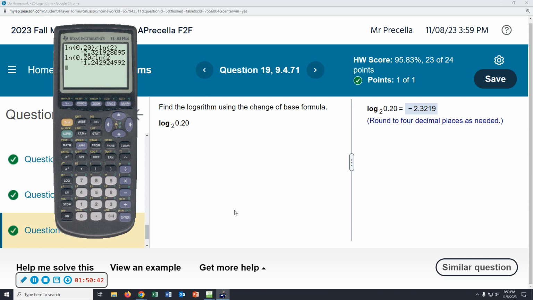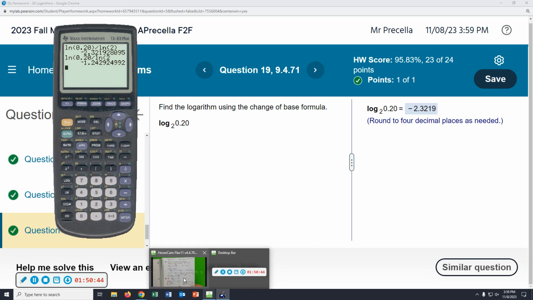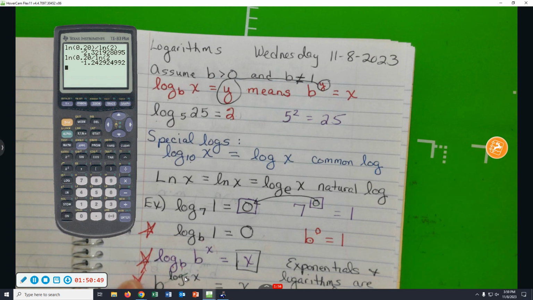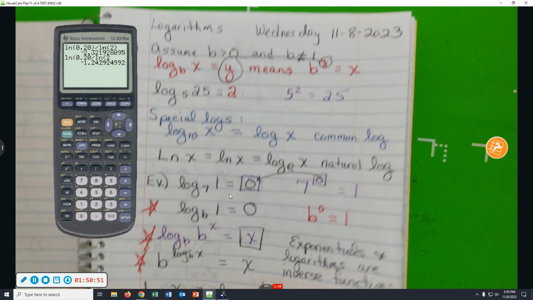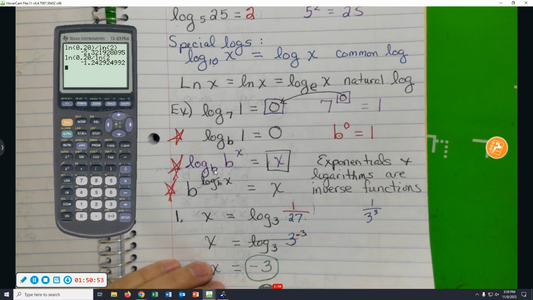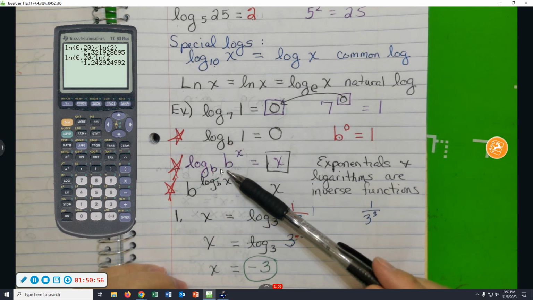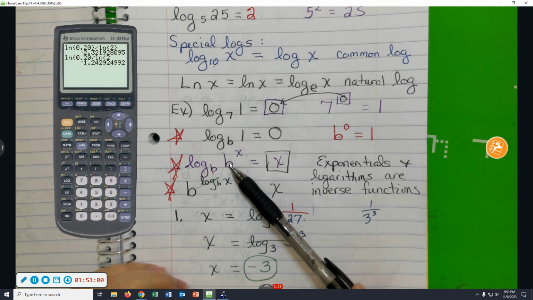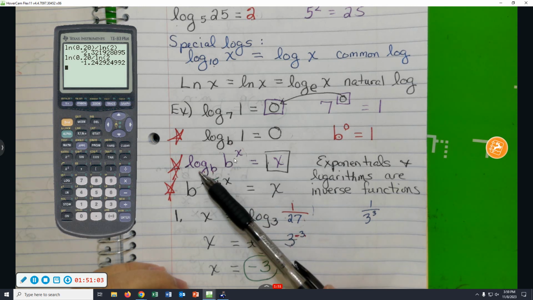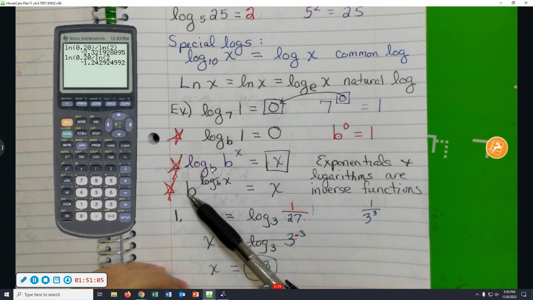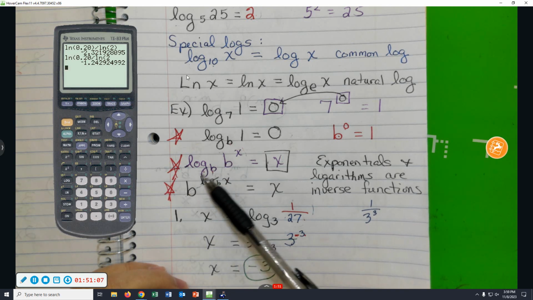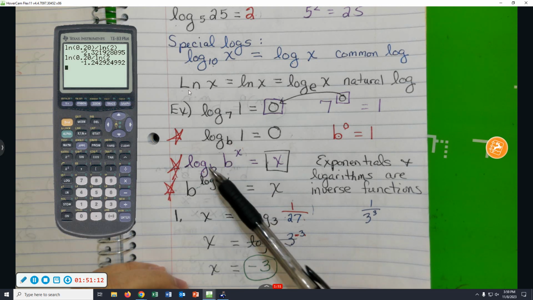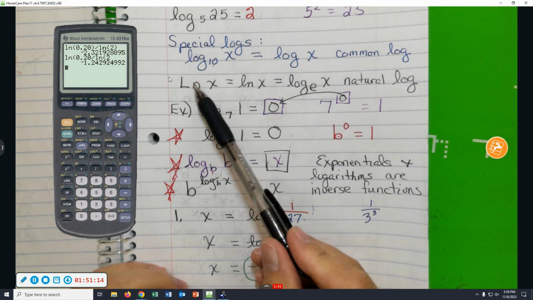And I want to remind y'all of these 2 statements we had here that say that the logarithm to the base b and the exponential to the base b are inverse functions, and when they're performed consecutively, they cancel each other out. Now, I want to restate those in terms of log base e, in terms of ln.